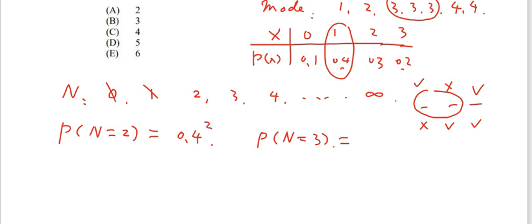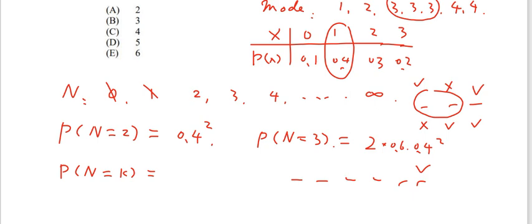Maybe we can also find those probabilities. n equals 3: what is it? There are 2 cases, so 2 times, where damage happens twice, 0.4 squared, and no damage 0.6. Okay. And n equals k. So here we have the last one being damage.